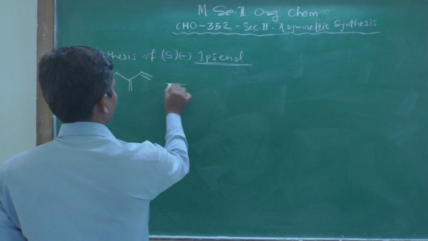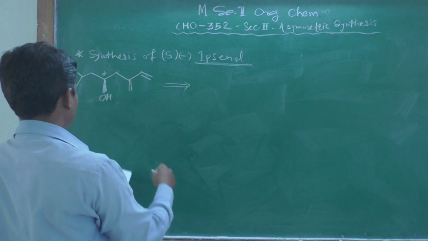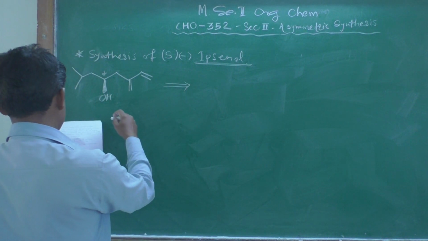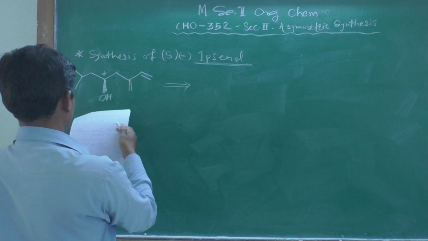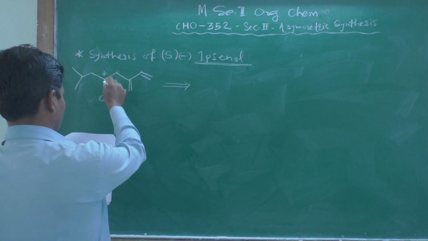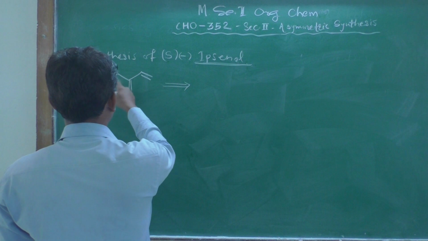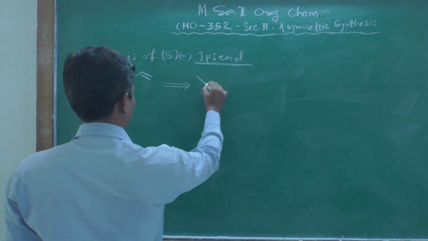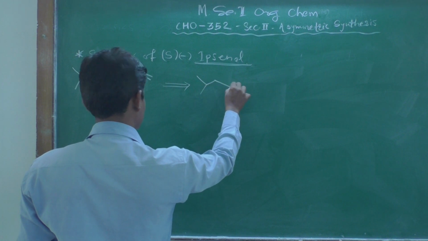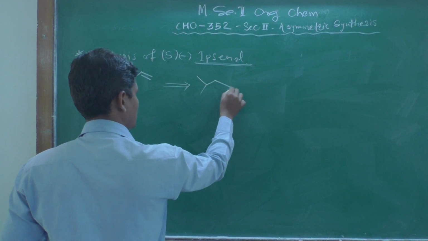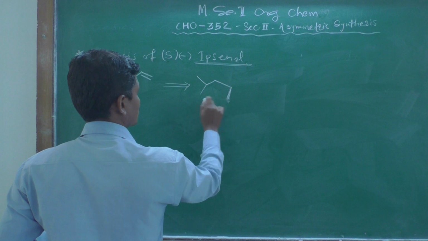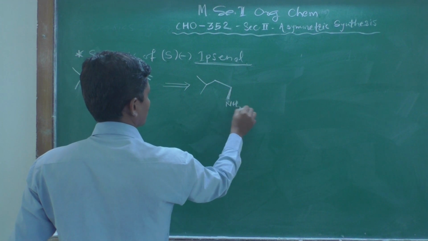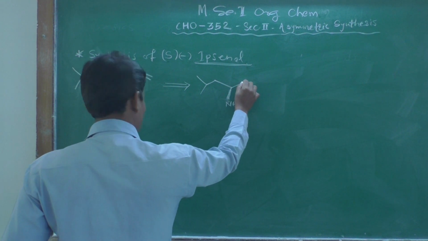When we do a retrosynthesis of this molecule, this compound can be obtained from the easily available S-leucine, and the structure of S-leucine is NH2, CO2H.